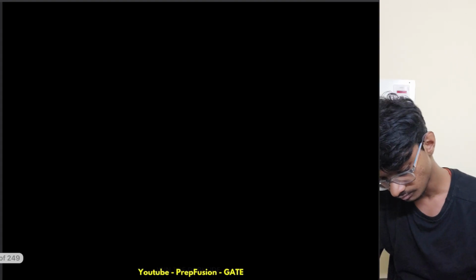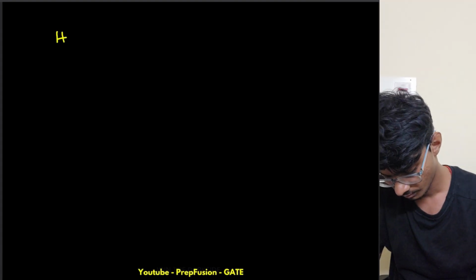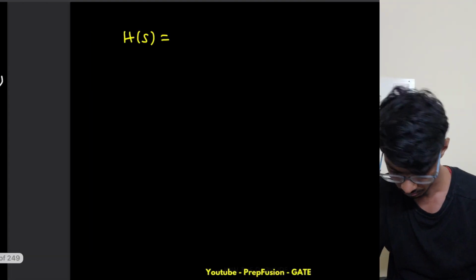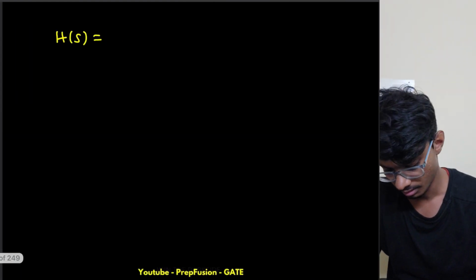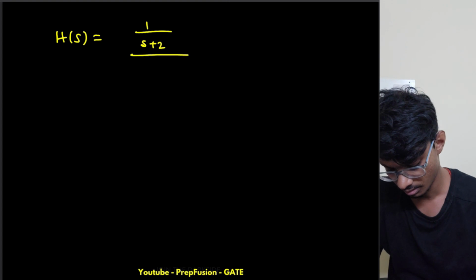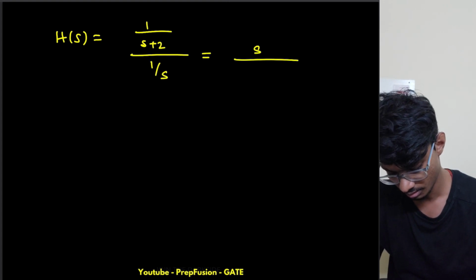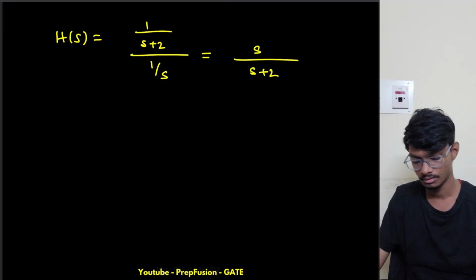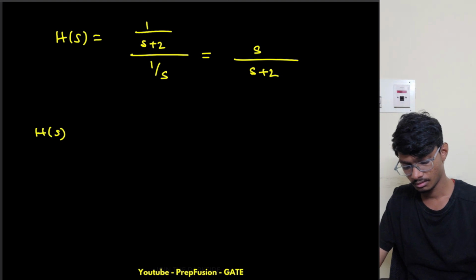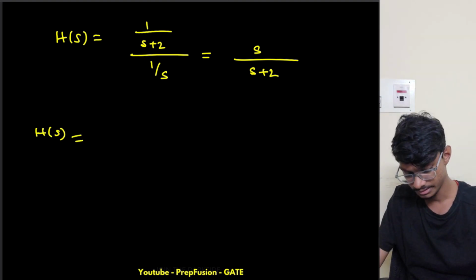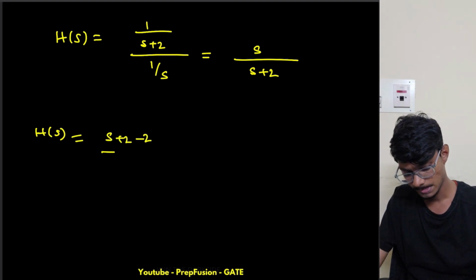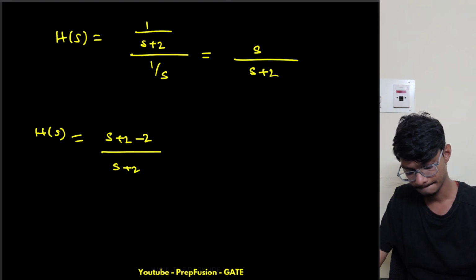So h of s is s divided by s plus 2. What I can write here is s plus 2 minus 2 divided by s plus 2.